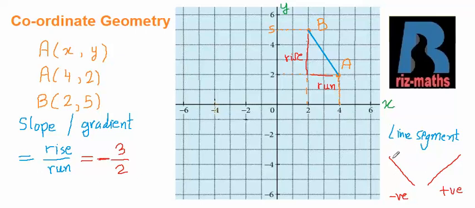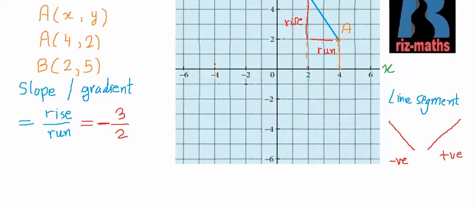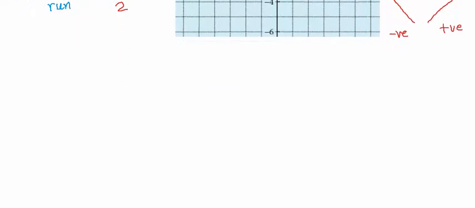The upper part is the rise, counting the blocks vertically, and counting the blocks horizontally will be the run. We have another way to do this, another formula, so now I will explain that.